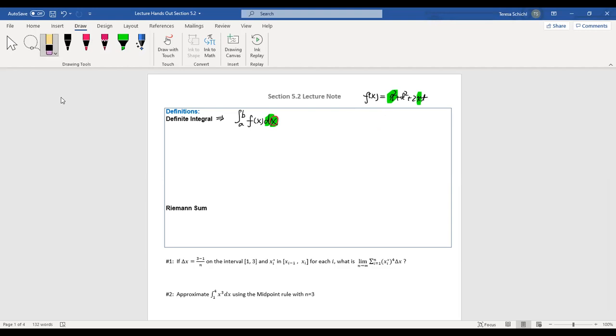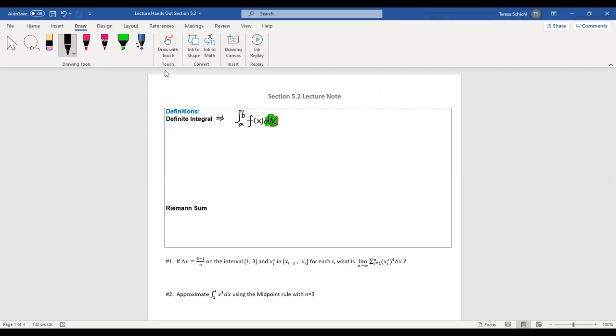So that's the first thing. We need to be very careful about this dx. The purpose of this dx is just telling you which variable I'm dealing with. Then a to b is the fixed interval. So now we know how to write the definite integral.